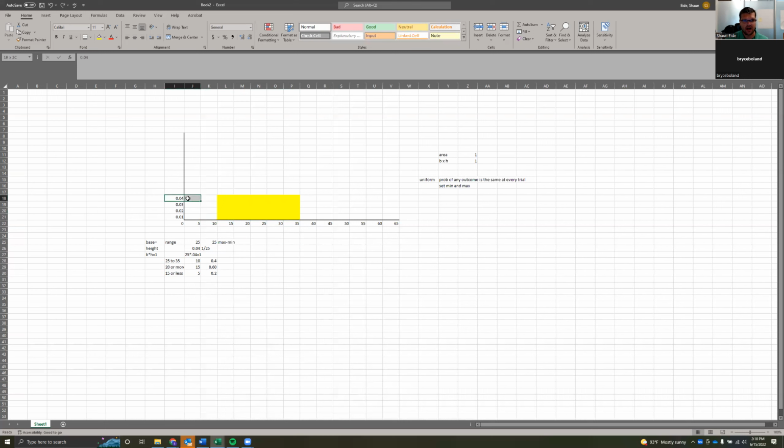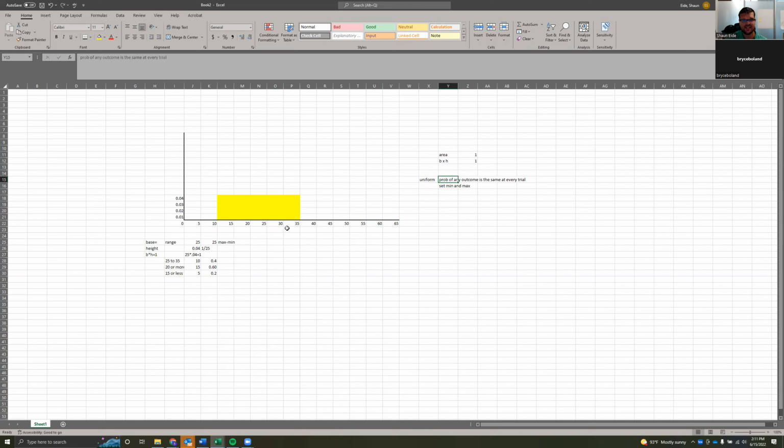The height always stays the same. And now that you know the set minimum and maximum, you can check what the area is based on a specific range. So you've got a set minimum and maximum. The probability of any outcome is exactly the same at any trial.